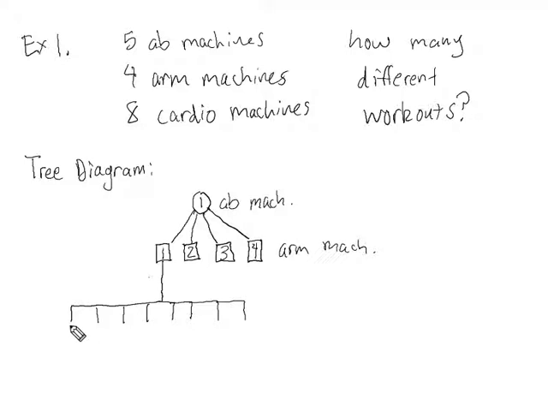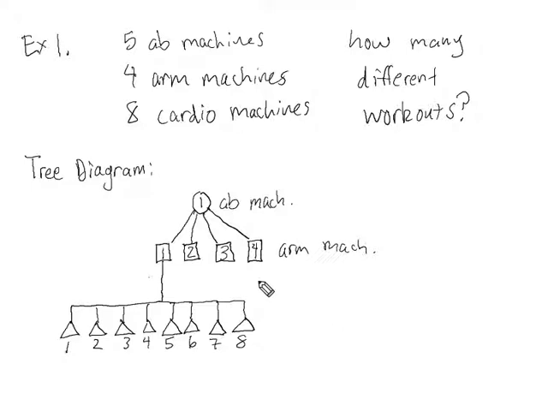And I guess I'll use a triangle for these. And each one of these little triangles just represents different cardio machines. So this is cardio machine 1, this is cardio machine 2, 3, 4, 5, 6, 7, 8.